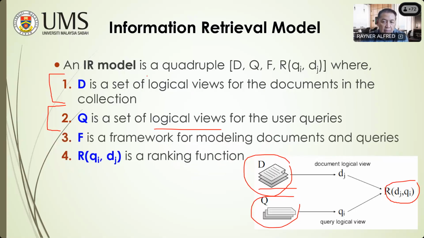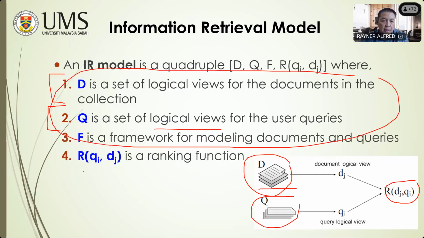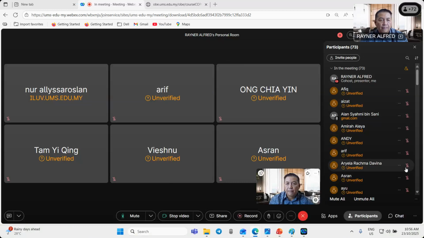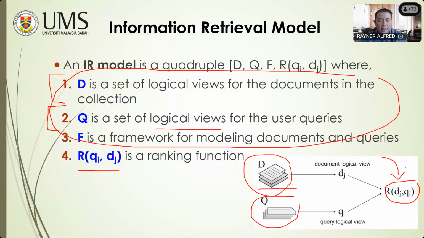The F is the framework that we have to represent this, and also this is the ranking function that we will be using. So this is the ranking function that we will define later on. How do we compute, or how do we quantify the differences between the document and the query? Okay. Any question?